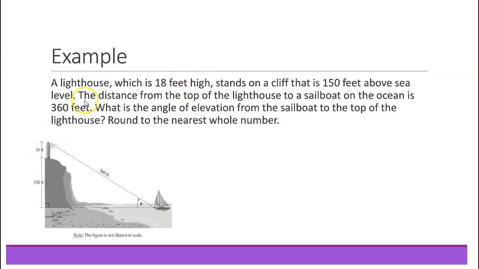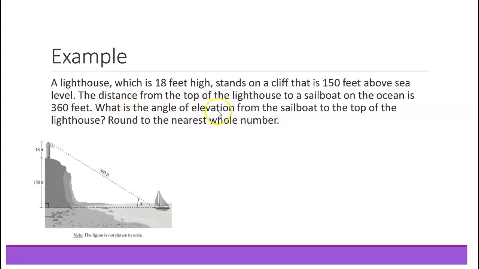We're also given that the distance from the top of the lighthouse to a sailboat on the ocean is 360 feet. So that distance from the top of the lighthouse to the sailboat is 360 feet.